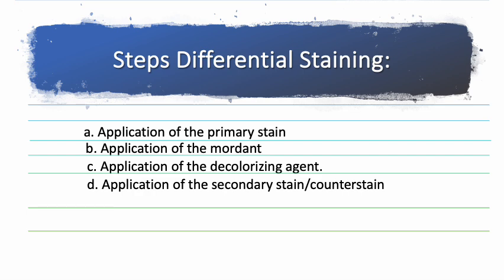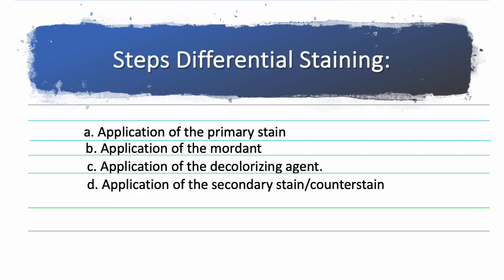The mordant is an important reagent here because it increases the binding of the primary stain to the cell wall. Now, the third step is the application of the decolorizing agent. This decolorizing agent will remove the excess, non-permanently attached dye or stains in the cell wall, thereby doing the differentiation part.